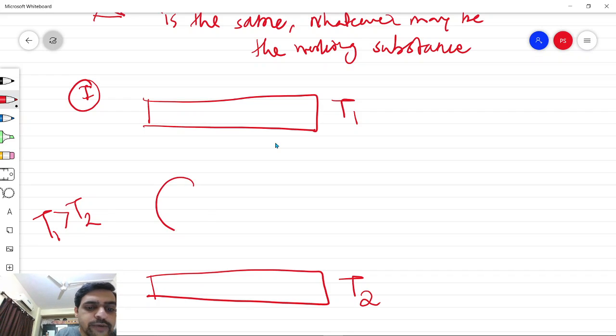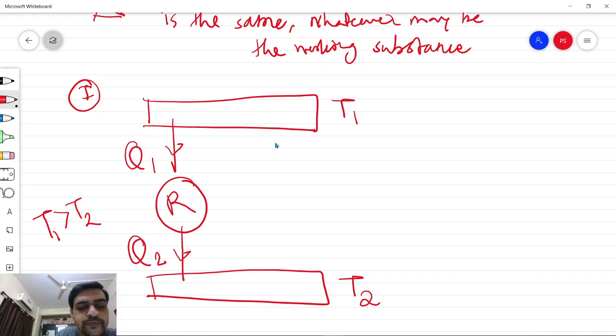Now consider a reversible engine, say R, which extracts heat Q1 from the source, rejects heat Q2 to the sink, and performs a work W. This is a typical Carnot engine working between T1 and T2.